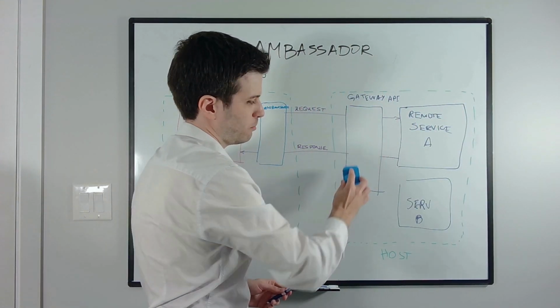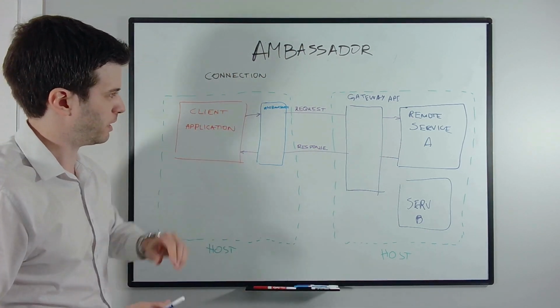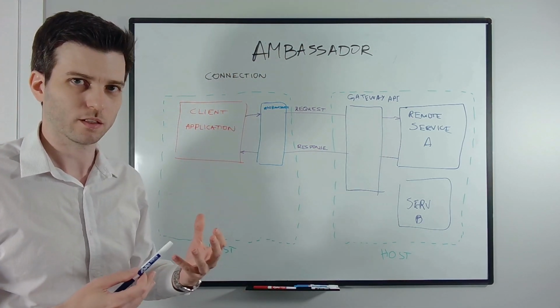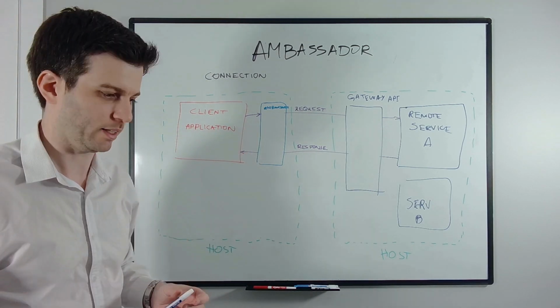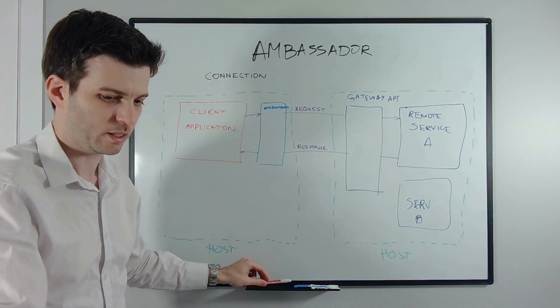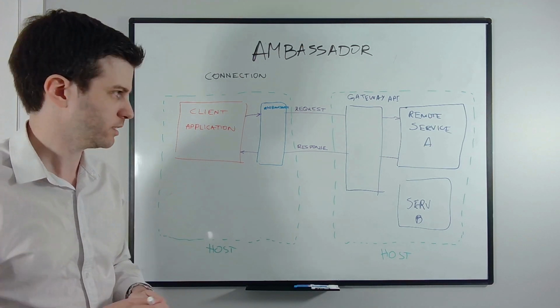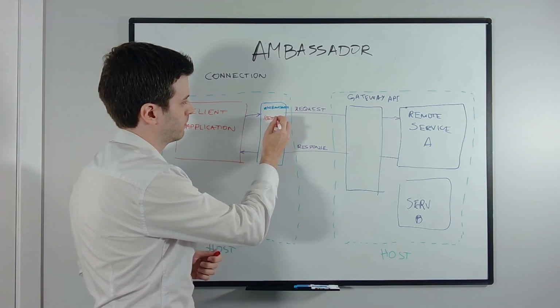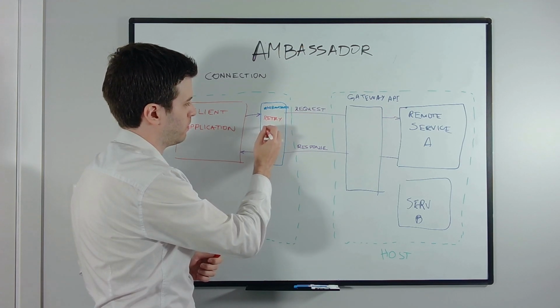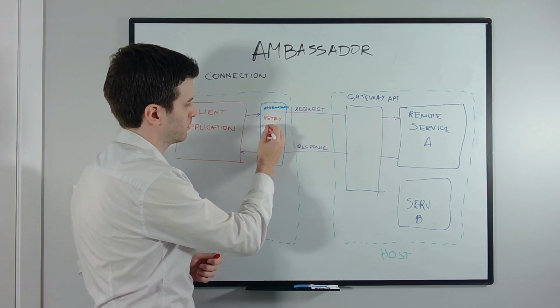So when I'm talking about an ambassador, I'm talking about the out-of-process service working for the client. I may want to implement functionalities such as, for example, retry or circuit breaking.